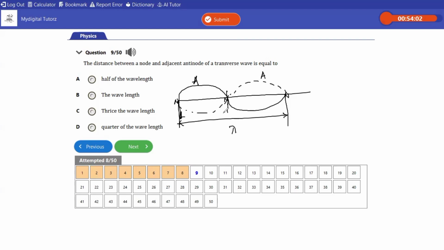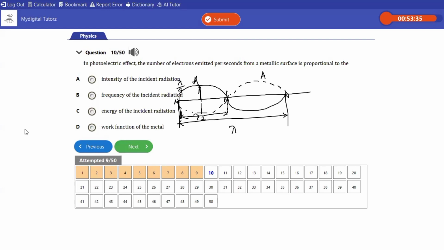So here will be lambda over 2. But the distance between a node and an adjacent antinode here is half of that, right? So that's going to be lambda over 4, which is a quarter of the wavelength. Are we together? So therefore, our correct option here is option D, which is a quarter of a wavelength.